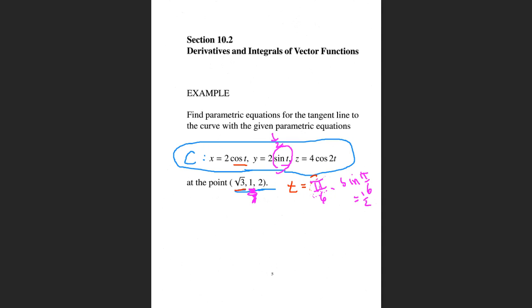And by the way, the x component is √3, so the cosine of t has to be √3 over 2. Well, the cosine of pi over 6, which is 30 degrees, also equals √3 over 2. So t is pi over 6.